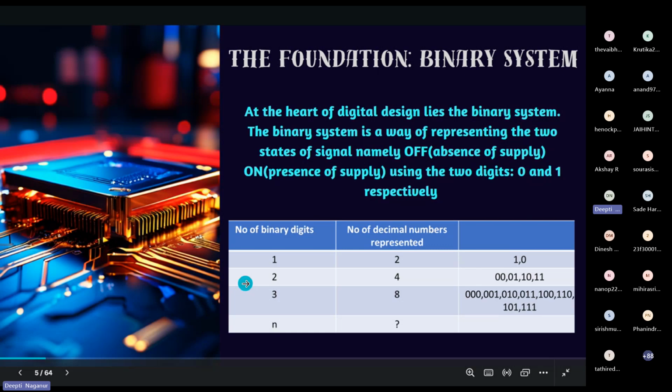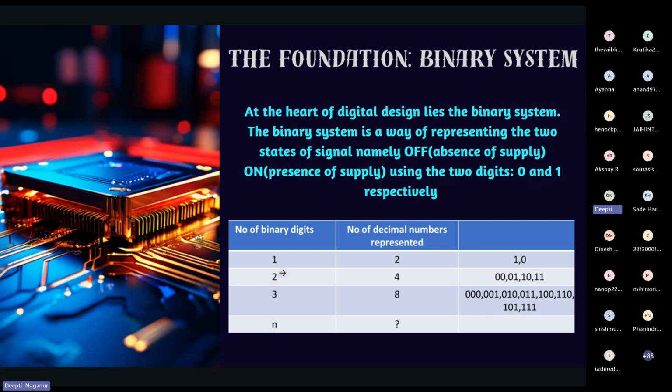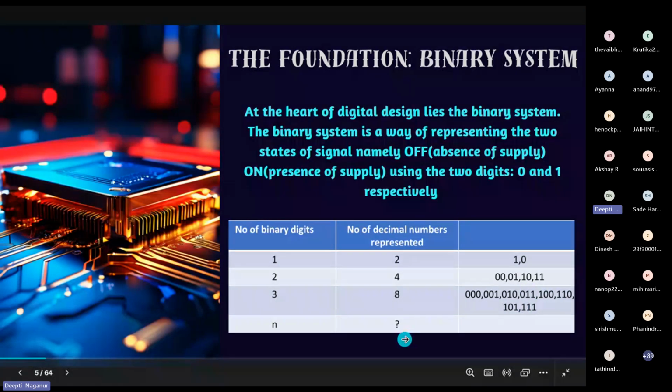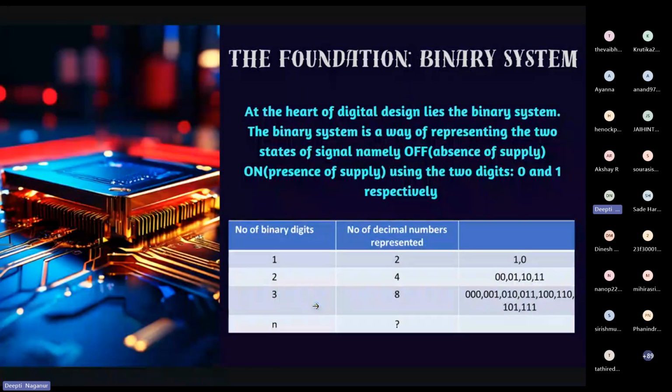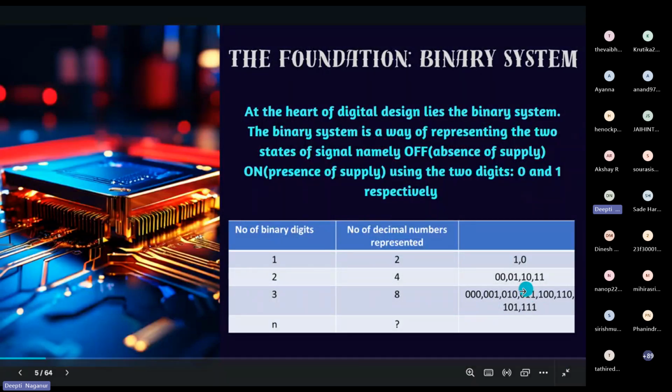If you have two baskets and if you can fill the basket either with an orange or an apple, how many combinations will you have? You will have four. That is 00, 01, 10, 11. Similarly, if you have three spaces and if you were to fill each space with either 0 or 1, what would be the combinations that you would get? You would get these many combinations. So you would have 8 numbers.